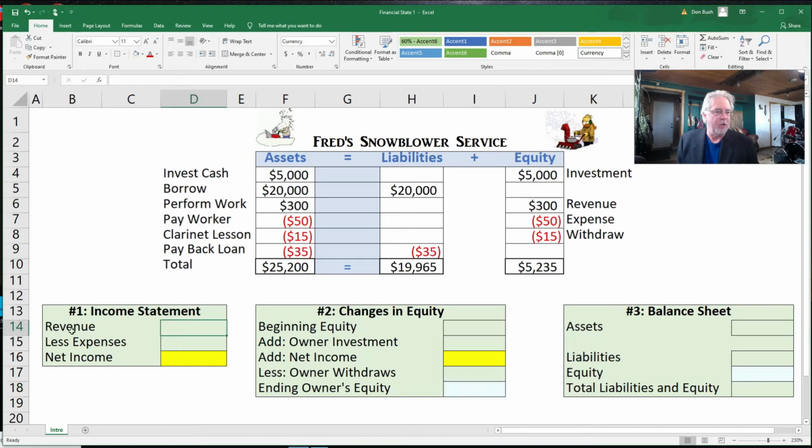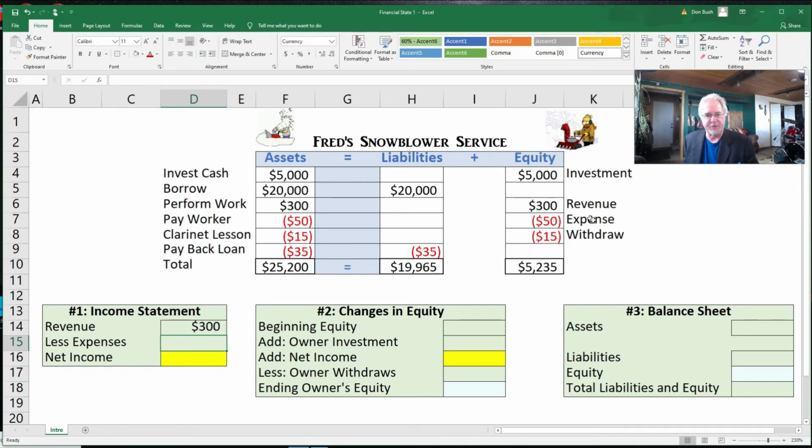So here you go. Revenue, that's money coming in from doing our job. So where do we find that? Well, what you do is you have to look at your transactions, and we have $300 of revenue. This is money coming in from doing Fred's job. So $300, there we go. And expenses, that's money going out from doing Fred's job here. So we have a negative 50.